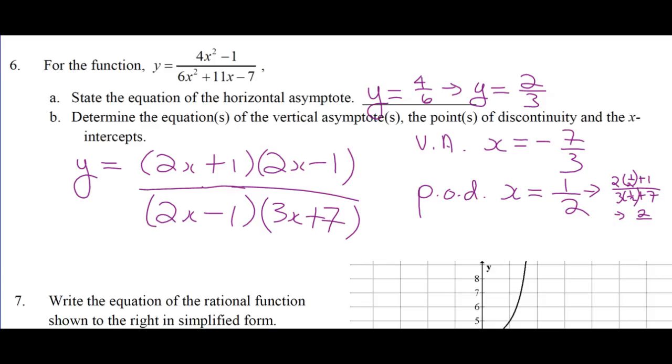And 3 times a half is 3 halves. 3 halves plus 7, which is 14 halves, is 17 halves. Okay, wait. So this is over 17 halves. So it's 2 times 2 over 17. So it's at 1/2 and 4 over 17. Use your calculator and then just convert it to a fraction.